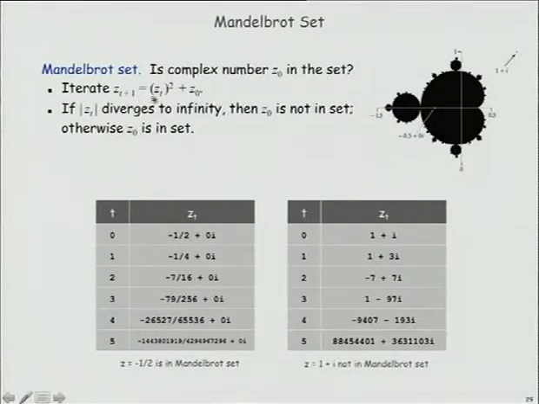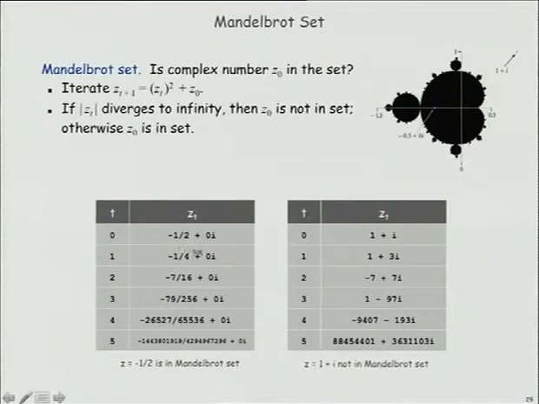We start with z0 and then calculate z(t+1) = z(t) squared plus z0, and we do this many times. If the magnitude, the absolute value of z(t), diverges to infinity, then z0 is not in the set. Otherwise, z0 is in the set.